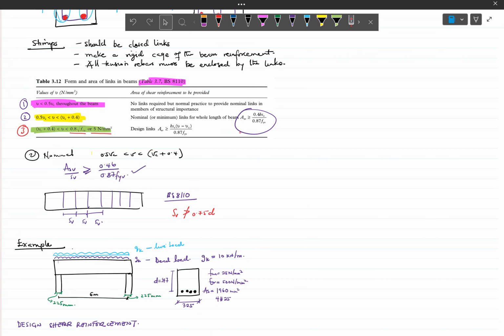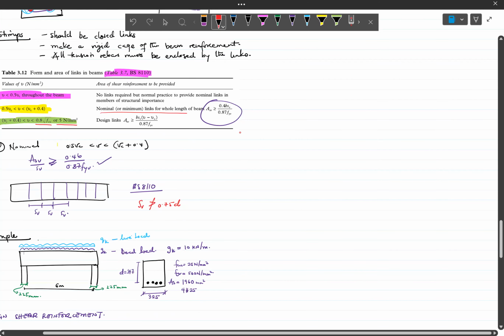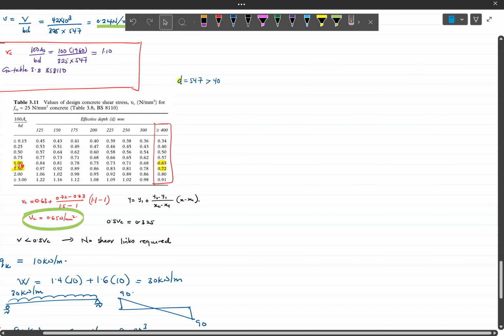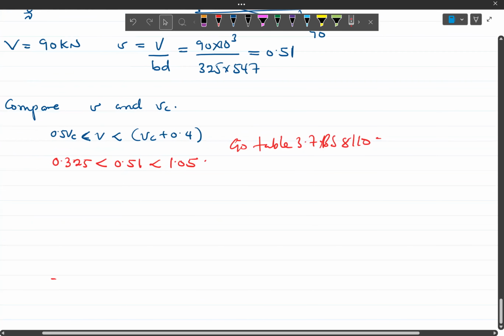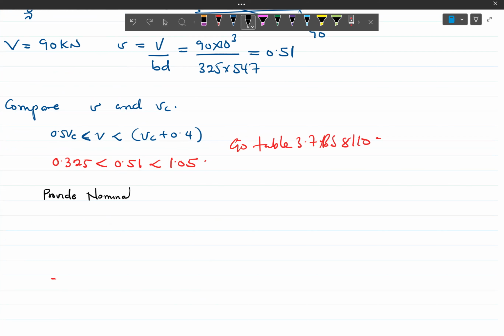So with our option 2, we need to provide nominal shear links, all right? So option 2 states that we provide nominal shear links or stirrups, okay?